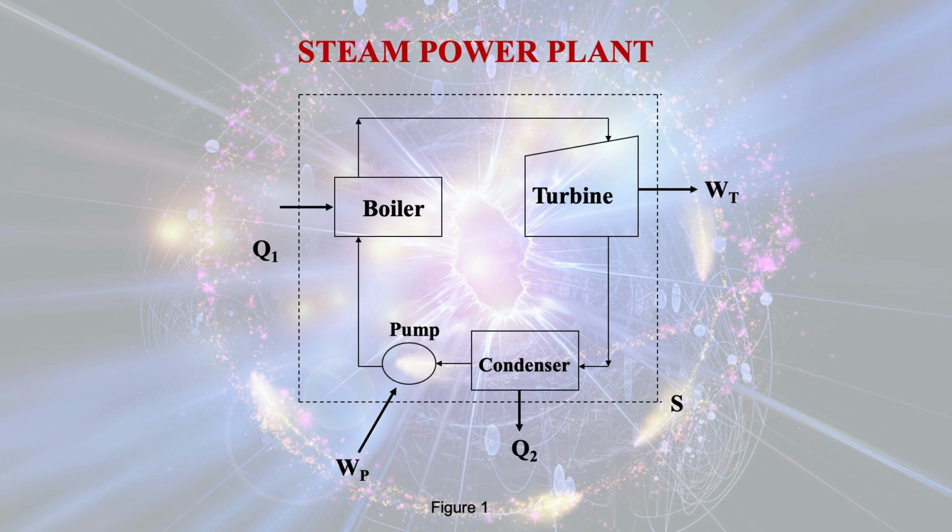Q2 is the heat given by the system to the circulating water in the condenser. Since it is a heat loss from the system, Q2 is considered negative, and WP is the work done by the pump onto the system. Since work done onto the system is considered negative, WP is negative as per the sign convention.